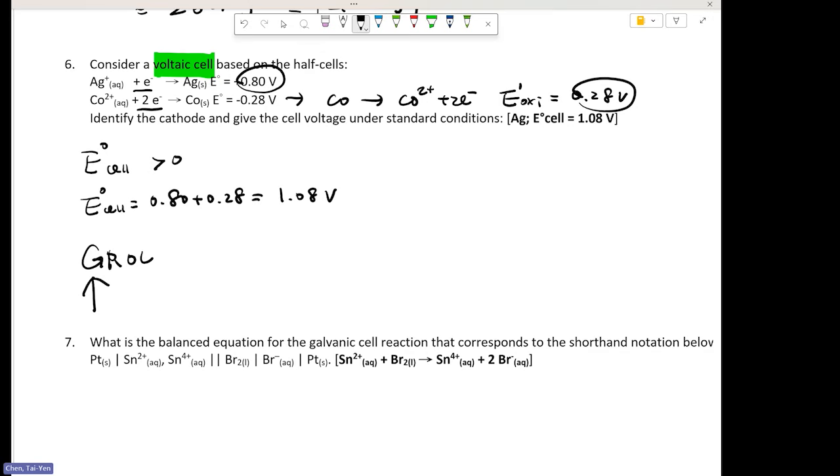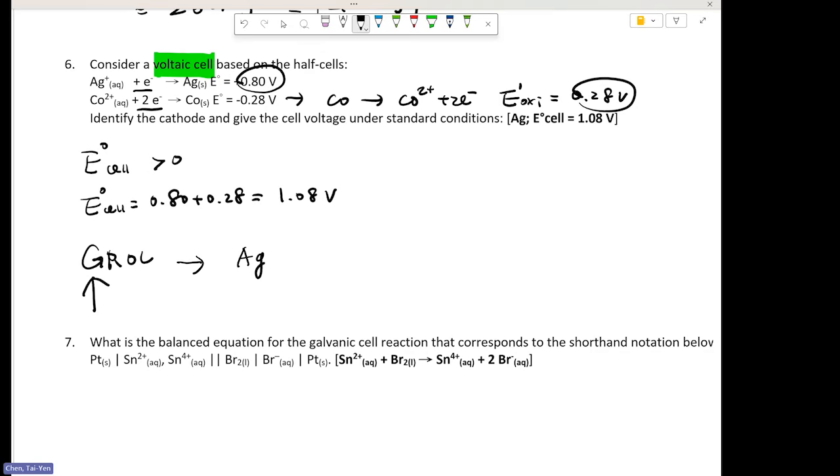This always happens at the cathode, right? So who is getting electrons? It's your Ag, right? Your silver plus, getting the electron. Therefore you know your cathode has to be on the silver side. So that's how you solve this problem.